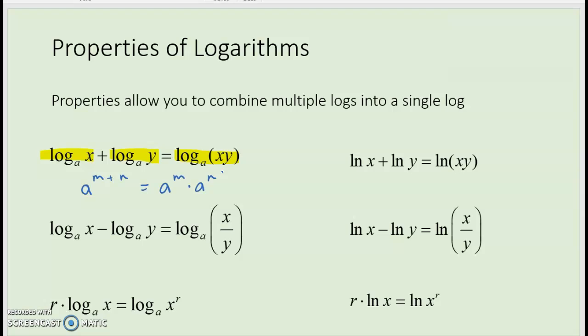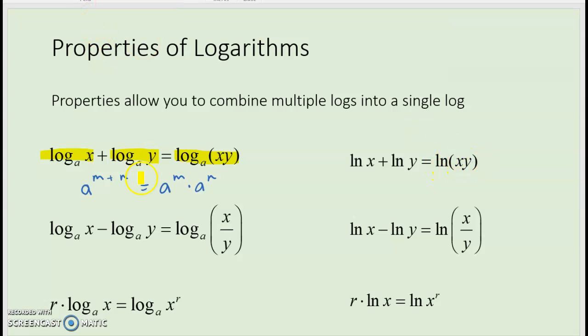Okay? So if we're adding two logarithms together of the same base, and they both have to have the same number down there, base a, we can combine them into one logarithm using multiplication. The same follows with natural log of x plus natural log of y equals natural log of xy.